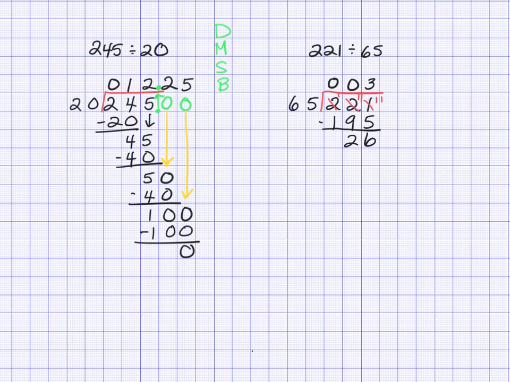So just like last time, we need to give ourselves something to bring down by adding a decimal and a 0. I want you to think to yourself really quickly, what happens if I didn't add the decimal point and I just added a 0? Would I still have the same problem? Would I still have the same value? And the answer is no. The reason for that, hopefully, you're seeing that I started with 221.